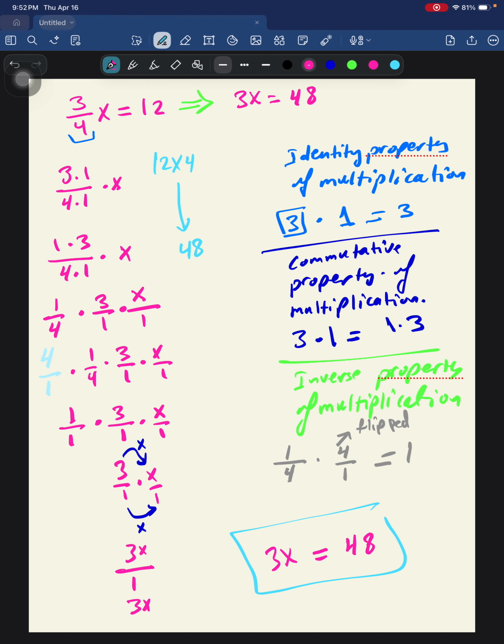As you can see, we reach the same result that was written in the question. So the basic idea behind isolating 3x is multiplying by 4 over 1.